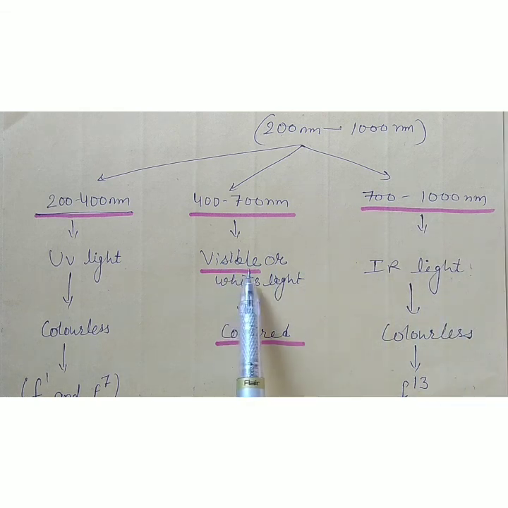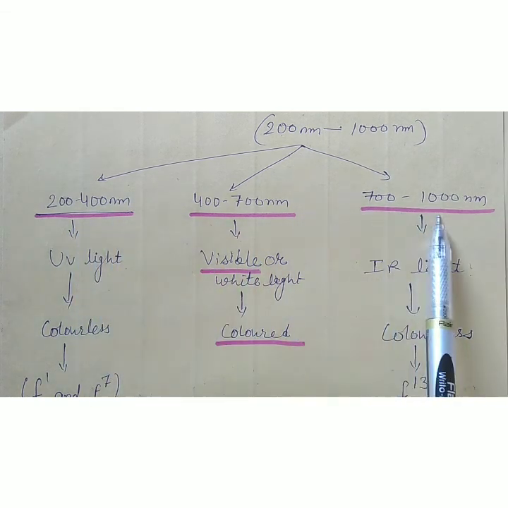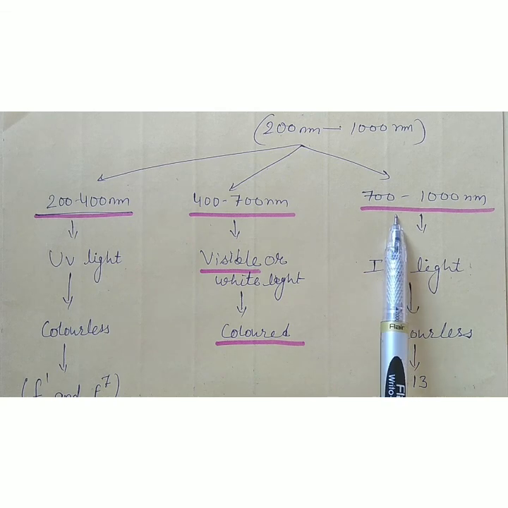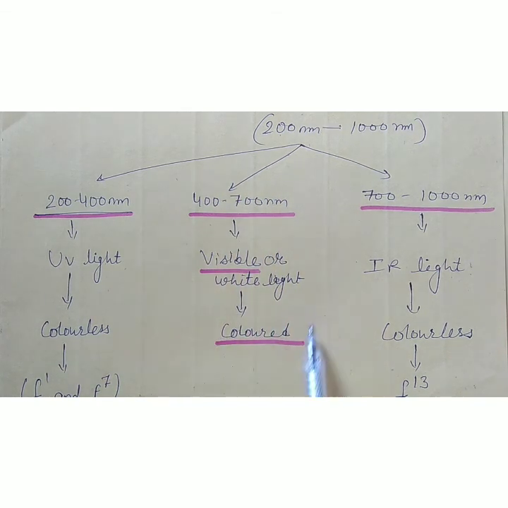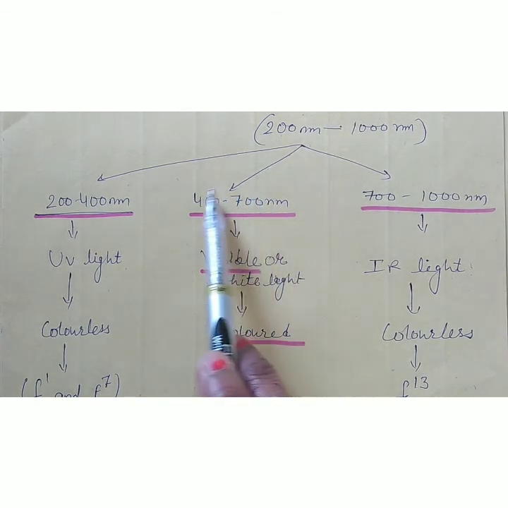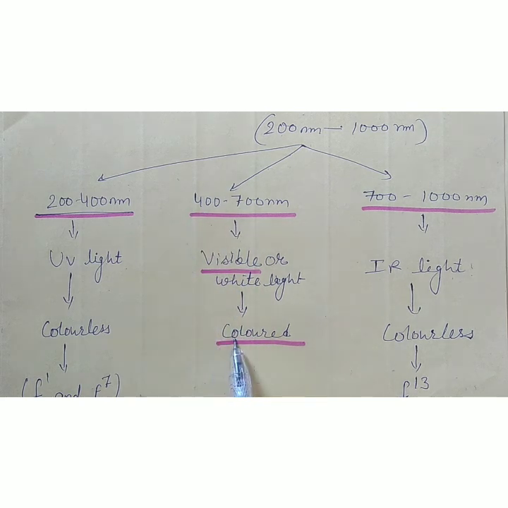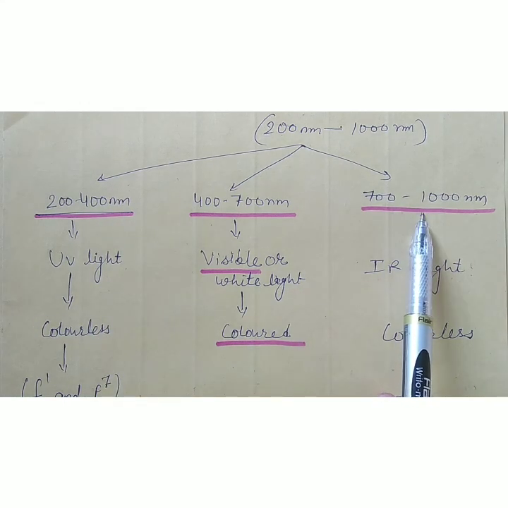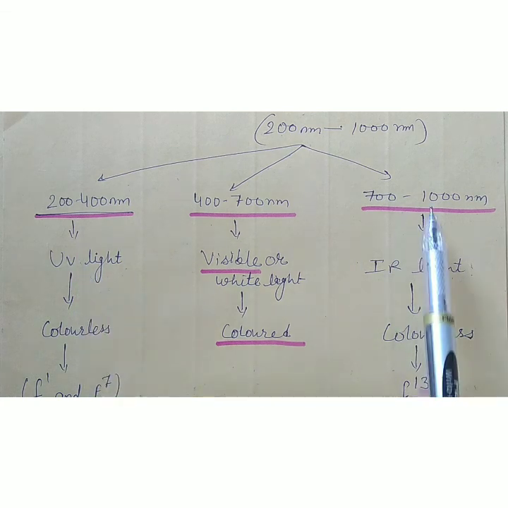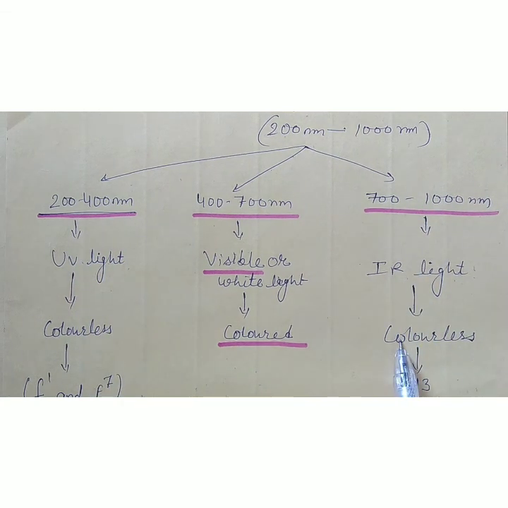When light of this range is used for transition of electrons, and the light used is from the visible region, the compound will be colored, because we can see only this range of light, not the others. If the light used is from the UV region or IR region, the compound will be colorless.